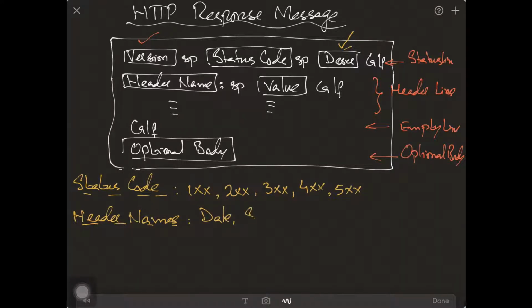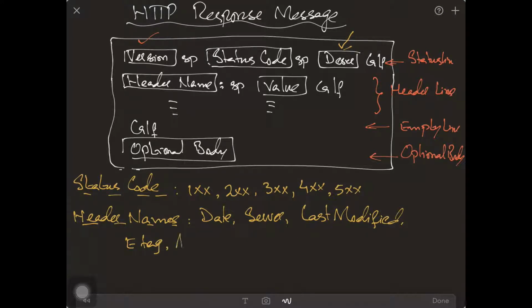that an HTTP response message may contain are the date, the server, the last modified, e-tag. Well, e-tag is a string that identifies the modification of the data requested.